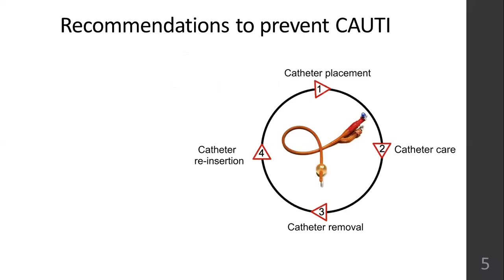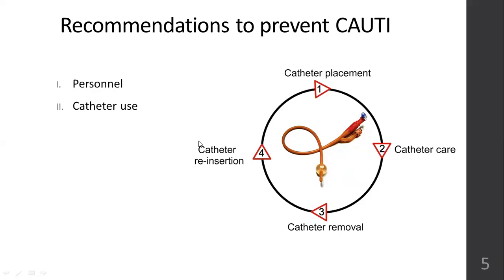So recommendations to prevent CAUTI, how can you prevent it? It is highly dependent on the asepsis of the catheter placement. Focus on the personal hygiene of the staff who is putting the catheter, their hand hygiene, whether they are wearing all the required PPE, whether they are following the aseptic technique of insertion.